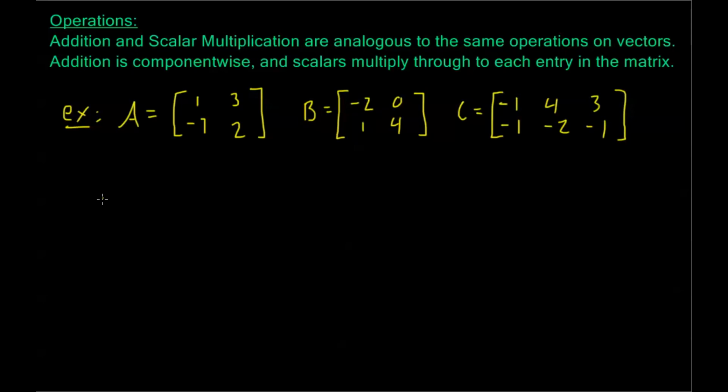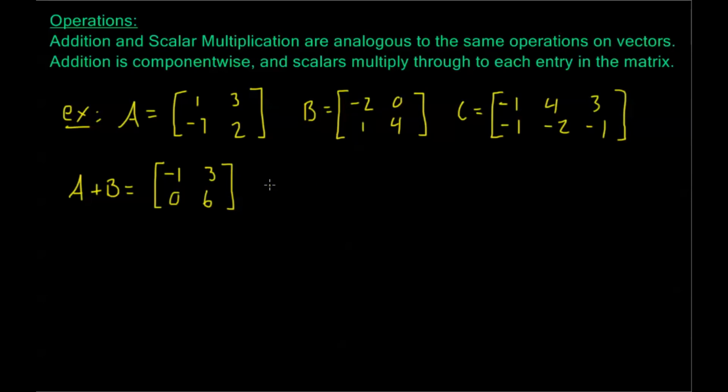So for example, we could have something like A plus B. And here addition is just going to be entry-wise, component-wise, right? So I'm going to add the entries in the same component aij. So a11 plus b11 is going to be -1 here for my A plus B. Here I look at 3 plus 0 is 3, -1 plus 1 is 0, and 2 plus 4 is 6. So we get another 2 by 2 matrix.